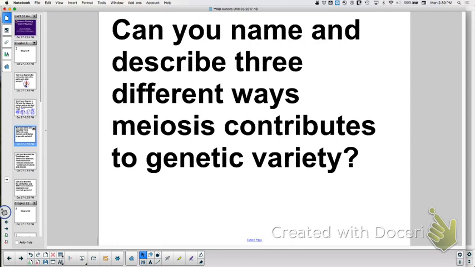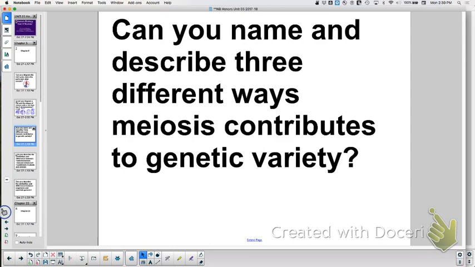What is the second way? Independent assortment. And that is because, what? Homologous pairs line up independently of other homologous pairs during metaphase 1 of meiosis. Okay, and the third way? You don't know what sperm is going to fertilize what egg, right?